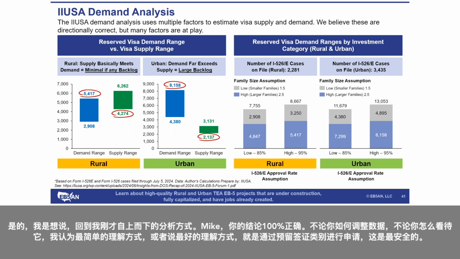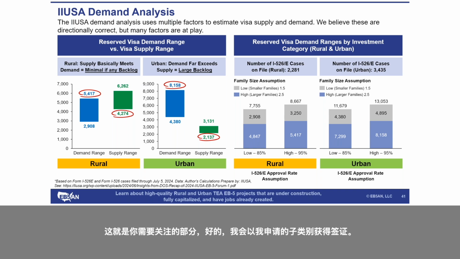I was just going to say, going back to the way I explained it from a top-down approach, Mike, your conclusion here is 100% correct. No matter how you spin it, the best way to look at this is that when you file into a set-aside, that's your safety blanket.